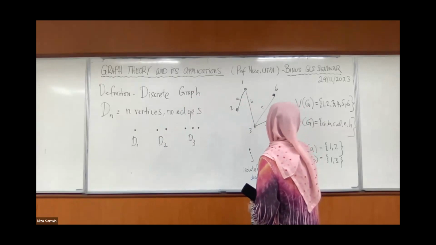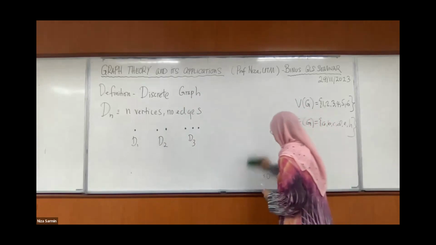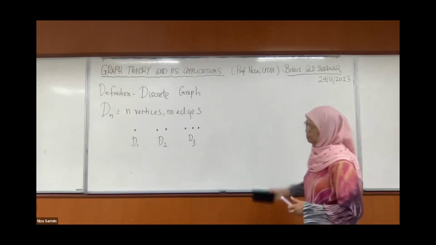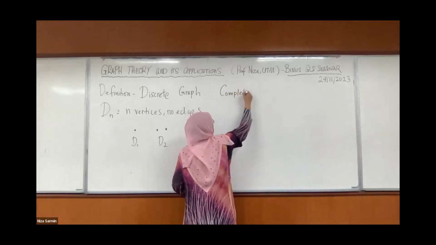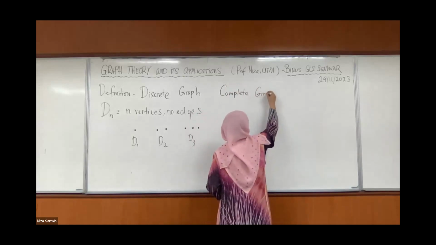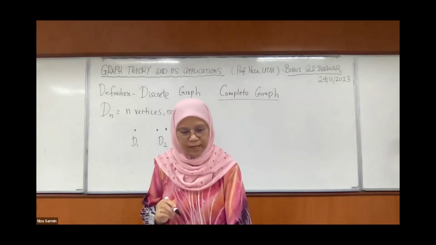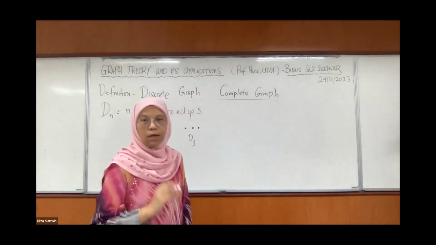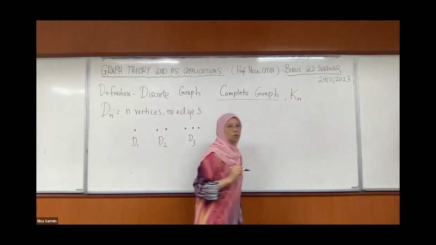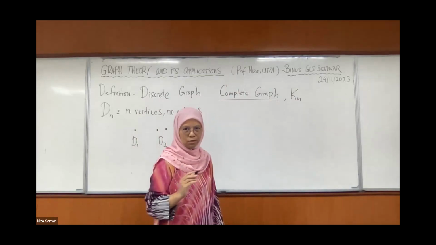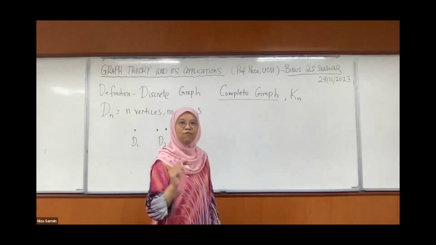Next, I introduce the complete graph. We use Kn, which is the standard notation for the complete graph on n vertices.